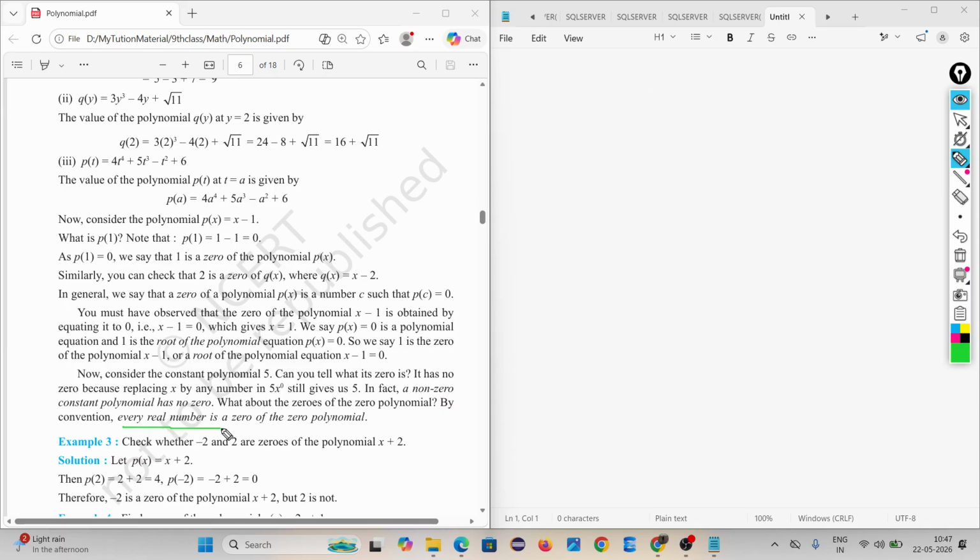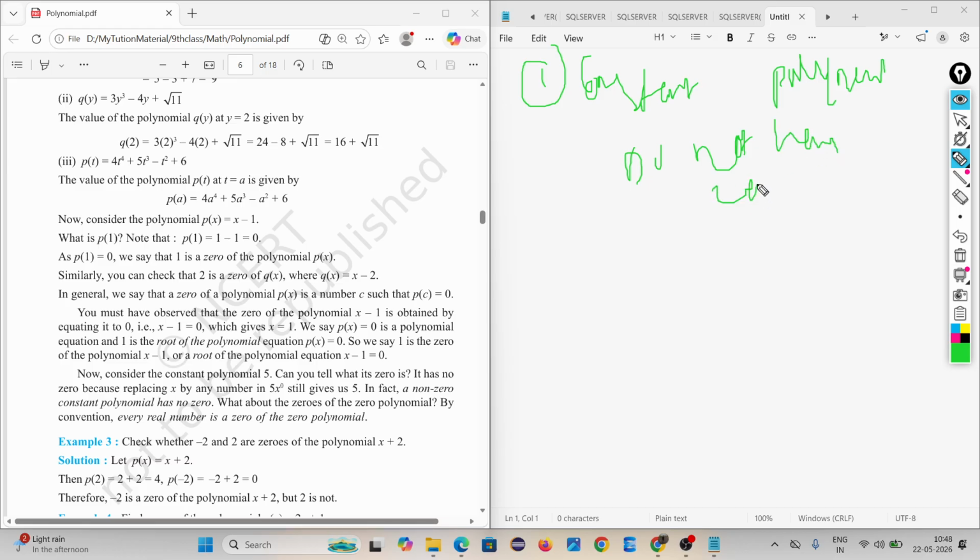Every real number is a zero of the zero polynomial. What do you mean by this? Suppose 5 is a real number, it is a zero of the zero polynomial. Remember one thing, a constant polynomial does not have a zero.